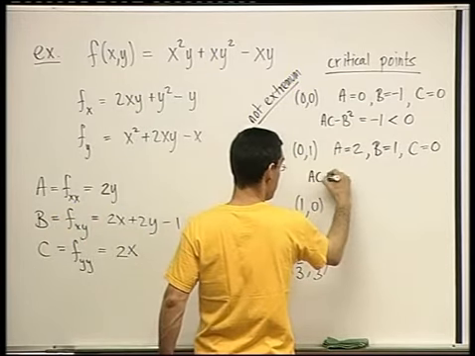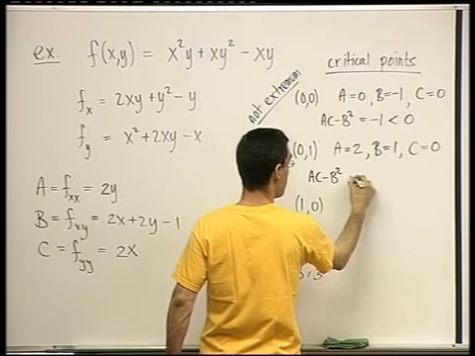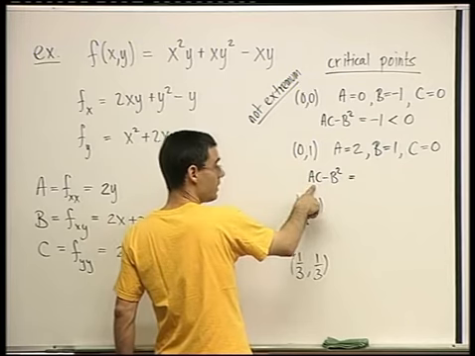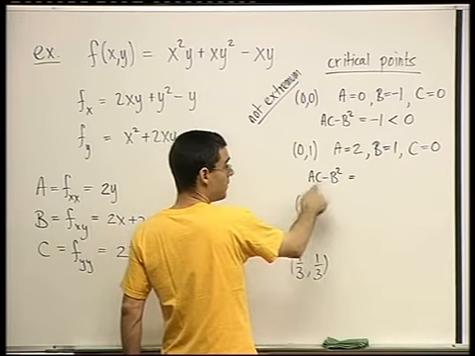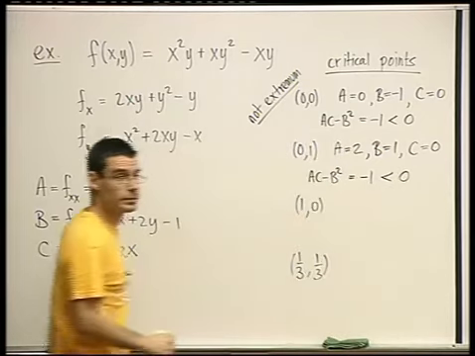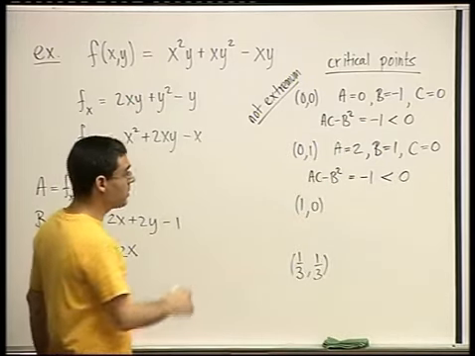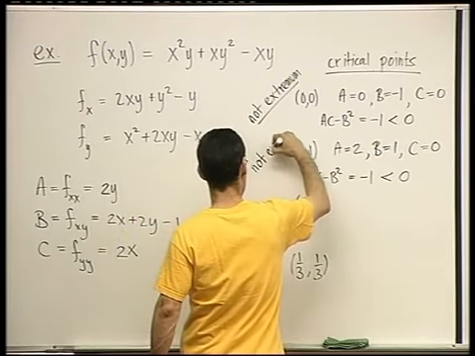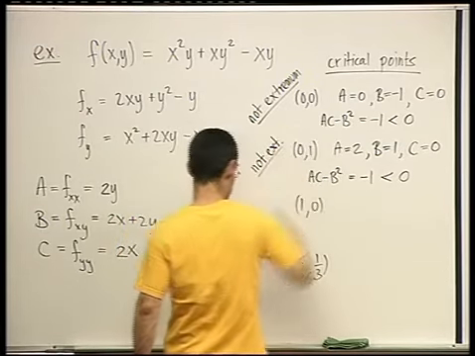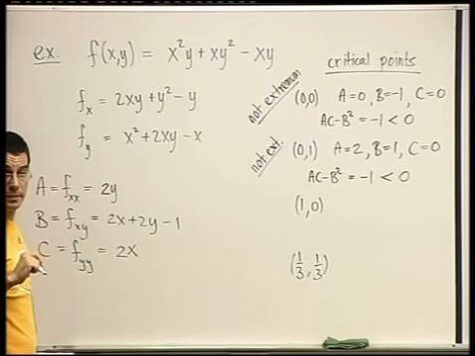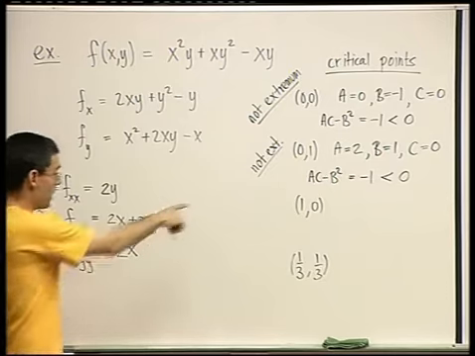What is ac minus b squared in this case? C is 0, so ac is going to be 0. And b is 1, so it's again negative 1, and it's again negative. So again, this point is not an extremum either. Do you agree?